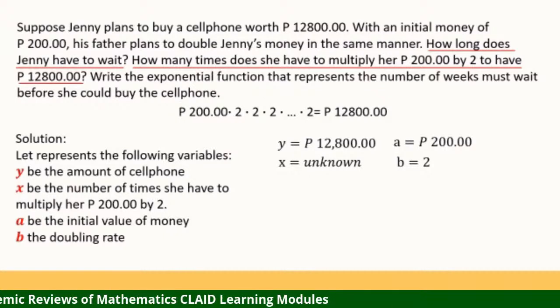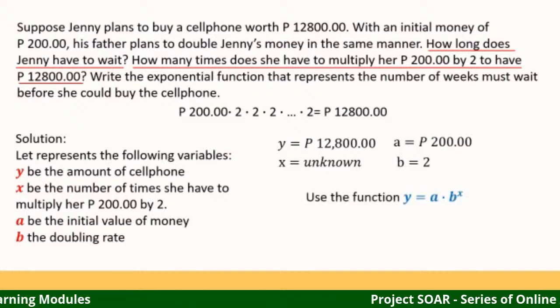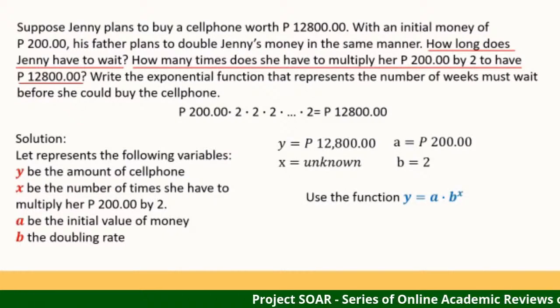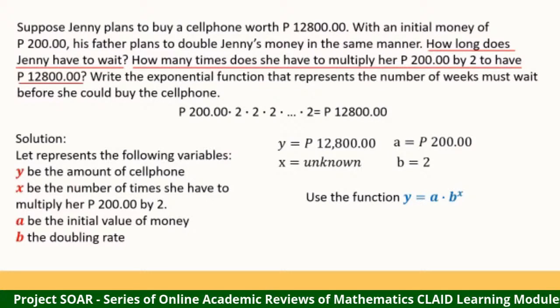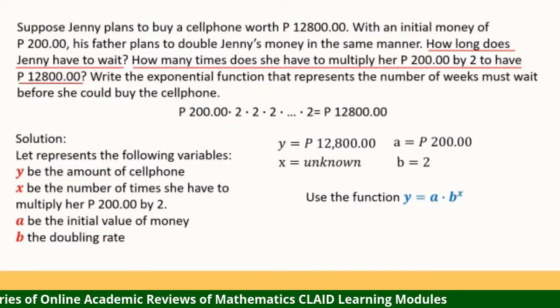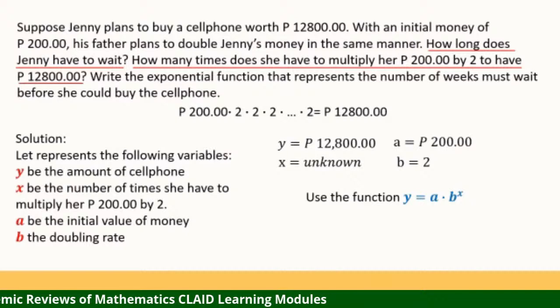So, in order to represent the exponential function, we use the function y is equal to a times b raised to x. So, we come up by substituting all the values in the given function.